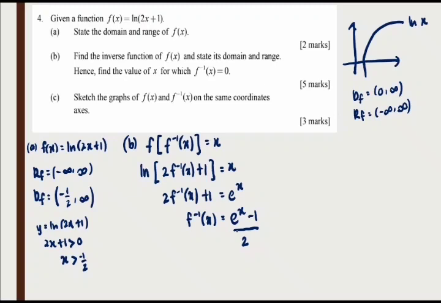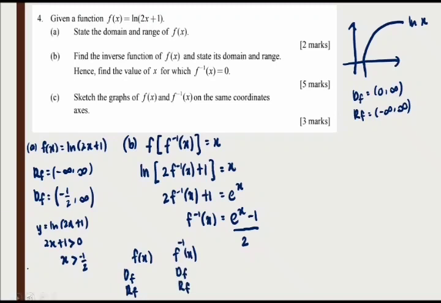Then for the next part of the question, we are also asked to write down the domain and range for the inverse. The trick over here is we understand that when we have our f(x) and our f inverse of x, the domain and range are opposite.